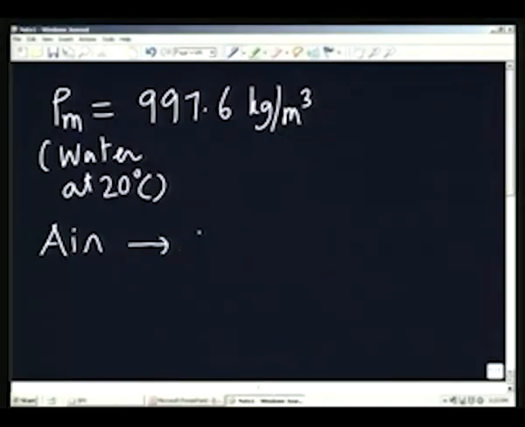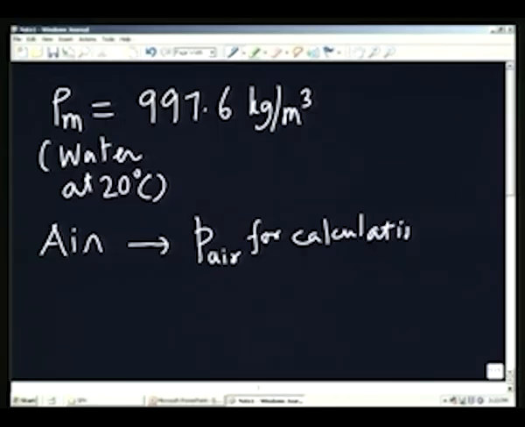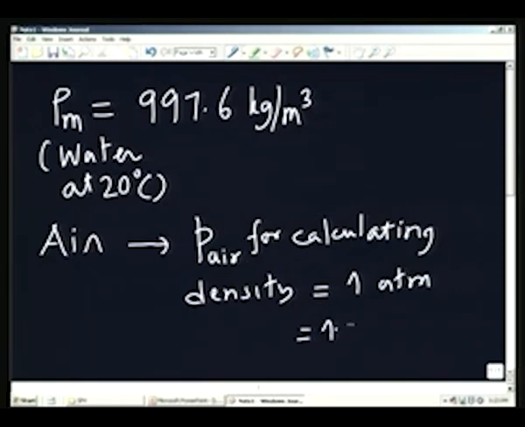Therefore, we will say that the pressure of air for calculating density is essentially 1 standard atmosphere. This is also equal to 1.013 into 10 to the power of 5 pascals.